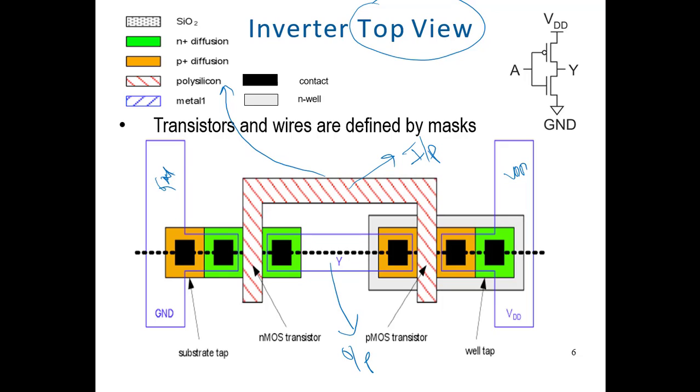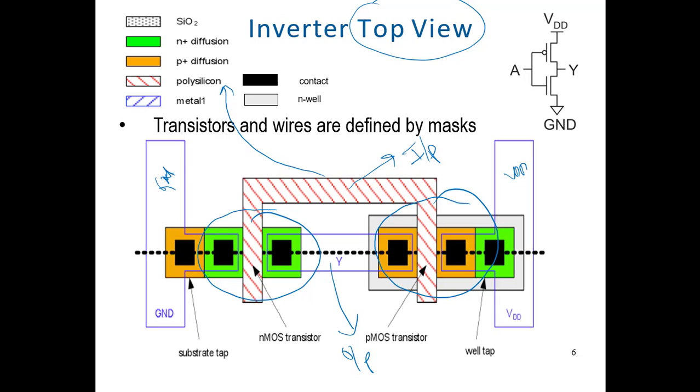On this side we have the NMOS, and on this side we have the PMOS. So this is the same, but we are looking from the top. The same color code is used for showing the different regions.